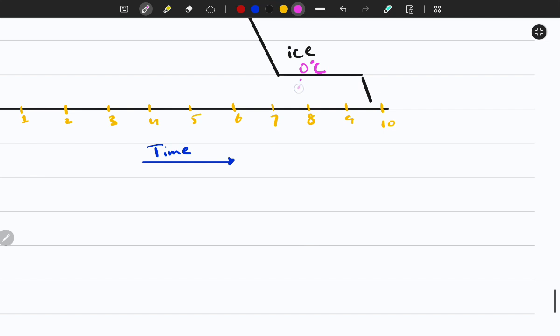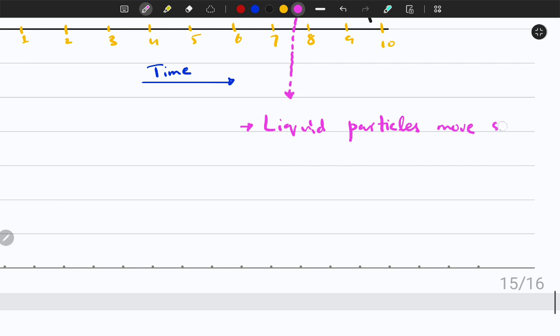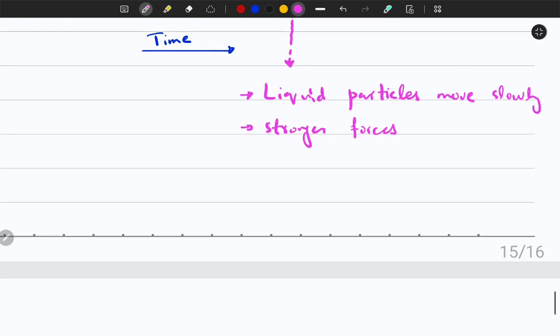And at the solid phase, what happens is that liquid was already moving very slowly. Liquid particles move even more slowly. All right? And there would be stronger attractive forces holding them together, which would make a lattice.